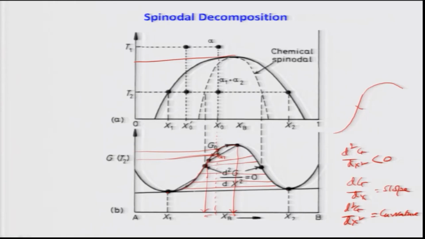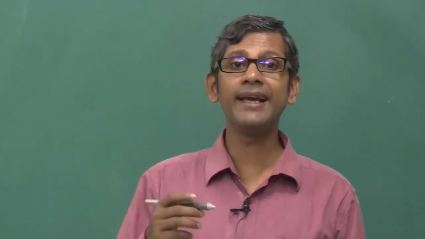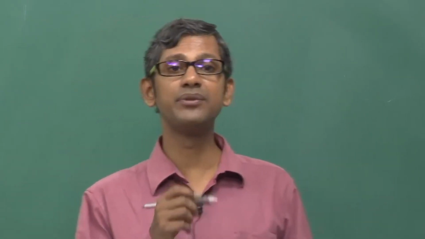As you decompose into these two phases, the process of decomposition must be such that A will go to A rich regions, B will go to B rich regions, which is opposite, right? Normally, A must diffuse from A rich regions to the B rich regions. Why?